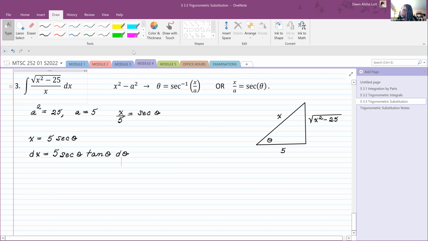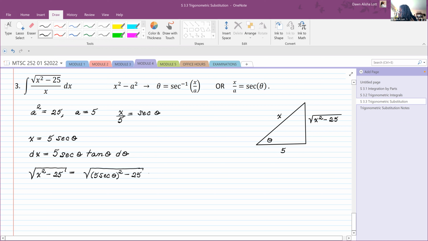And then the square root of x squared minus 25 is the square root of 5 secant of theta squared minus 25.